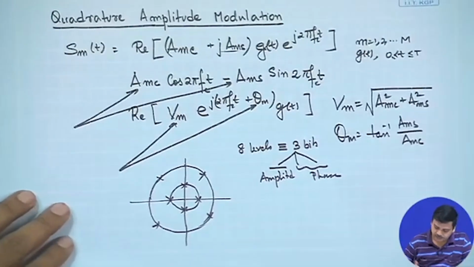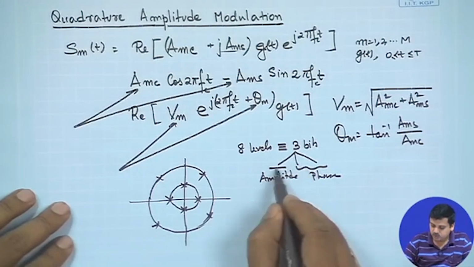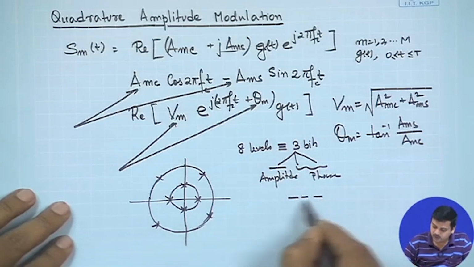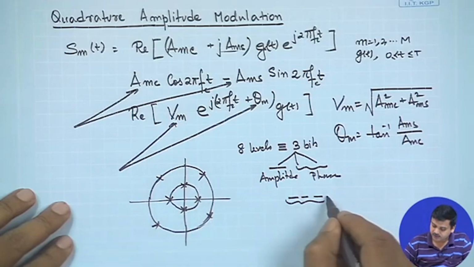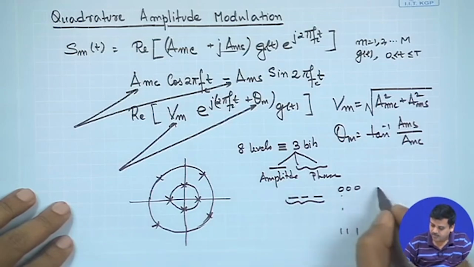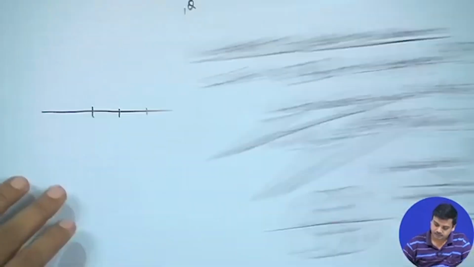In this diagram, we could split it into 1 bit for amplitude and 2 for phase, or we could group all 3 together and select any one of these. Because it is a mapping of 3 bits, which means 8 possible combinations, 000 down to 111, to 8 possible amplitude and phase combinations.